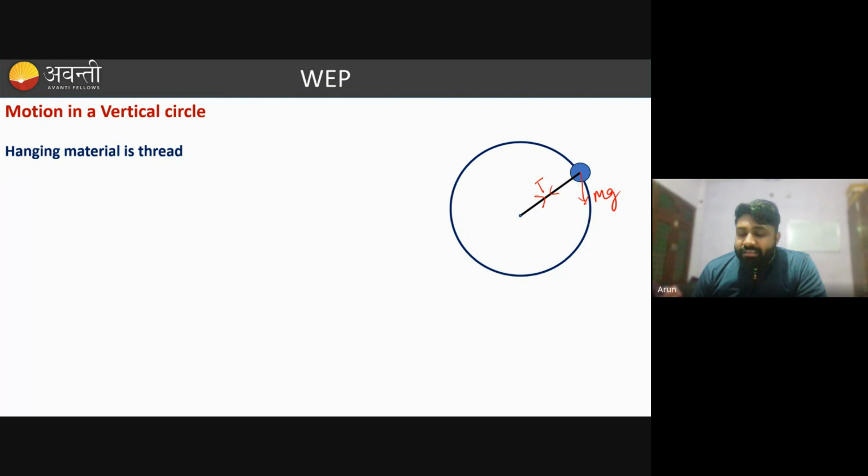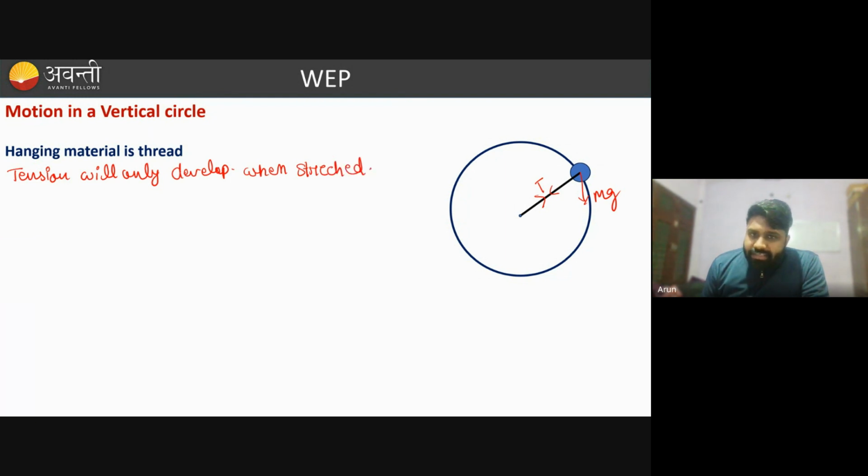So when the hanging material is a thread, there is a property of thread. When you stretch it, then it will develop tension, and when you try to compress the thread, it is not possible. So there will be no tension during the compression. So we can write it here: tension will only develop when stretched.